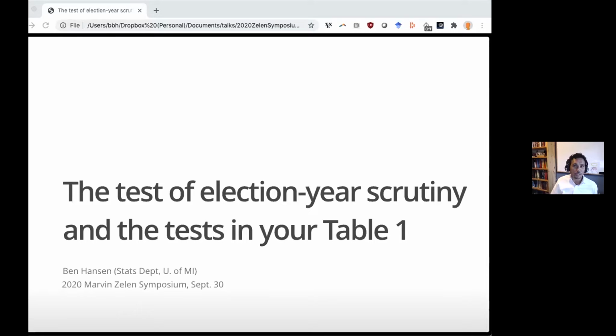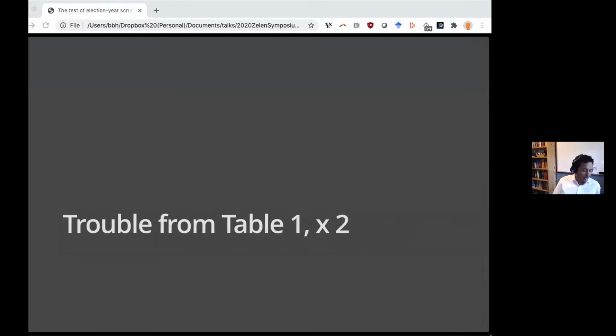But the point of this talk is not so much to drag you through that, as to trace the consequences of this debate and some of the issues about communication as they wend their way directly or indirectly through discussions about the Affordable Care Act and associated expansions of healthcare. So I have 2 examples drawn from that debate in which, in one way or another, you wind up with some trouble from table 1.